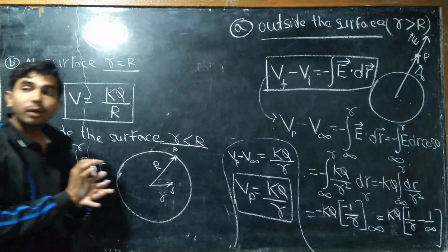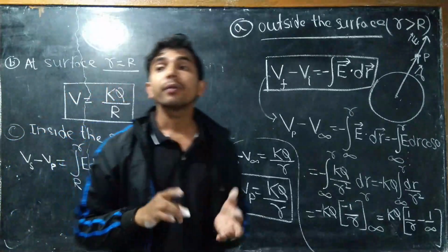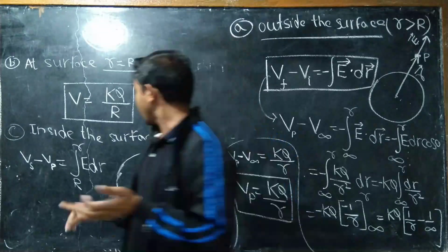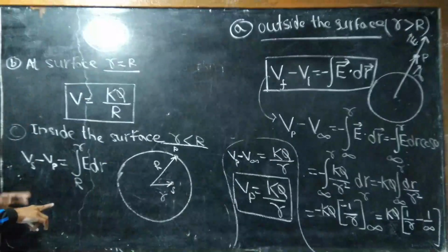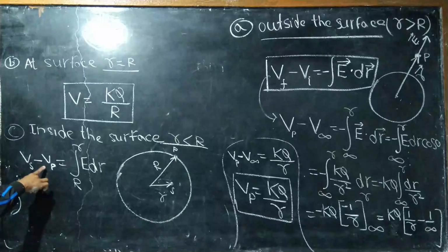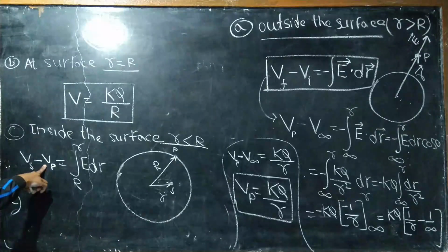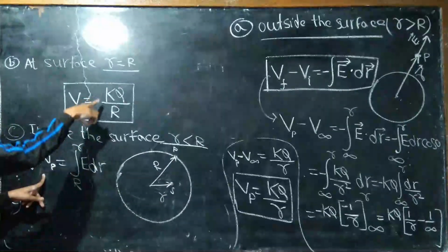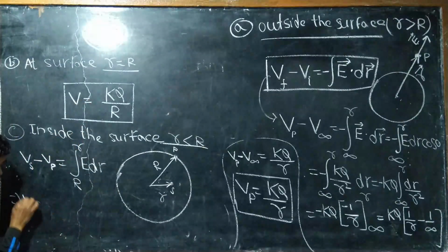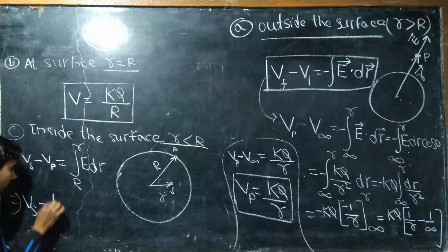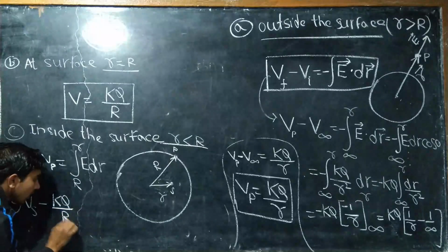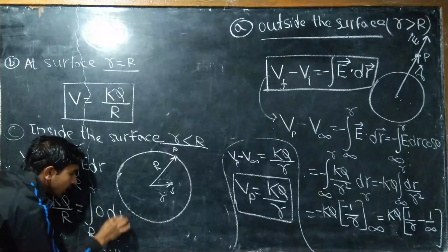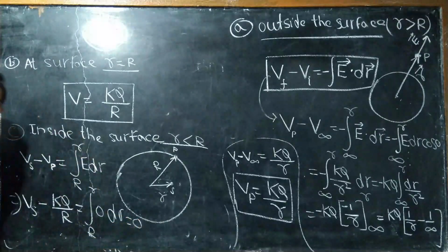Now, do you remember that the electric field inside a thin spherical shell is 0? Yes or no? So this value of E is 0, right? And what is this value? This is your point S, which is at the surface, right? And how much? kq by r. So we can write Vs minus kq by r, and here r to r, 0 into dr, the value will be 0, right?